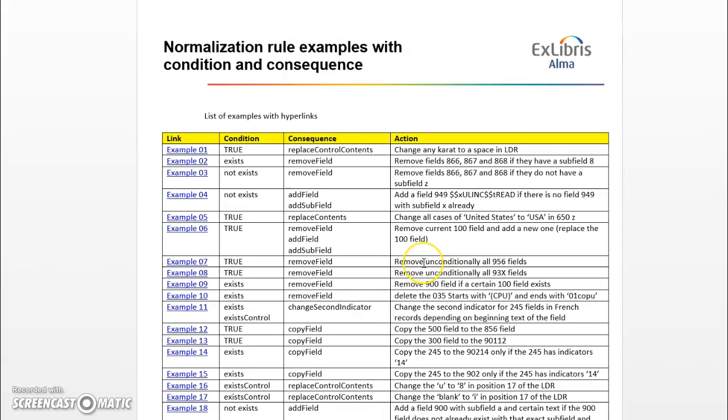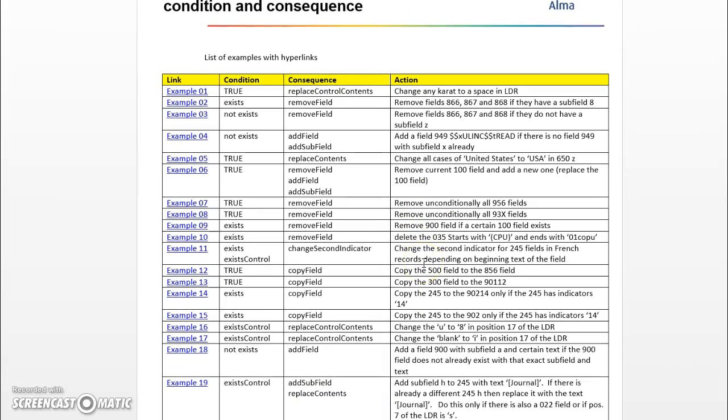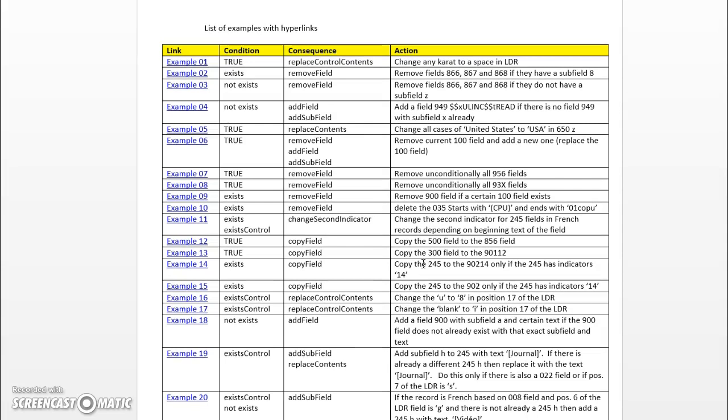And this will contain a bunch of examples of things that you can do to edit your records. And one of the things that we are trying to do is to move our 599 local notes fields information to 970. And so here's an example of how to copy the 500 field to the 856 field.